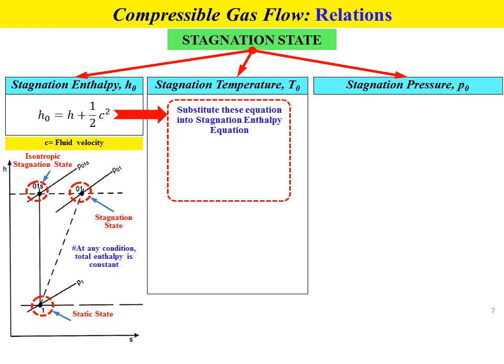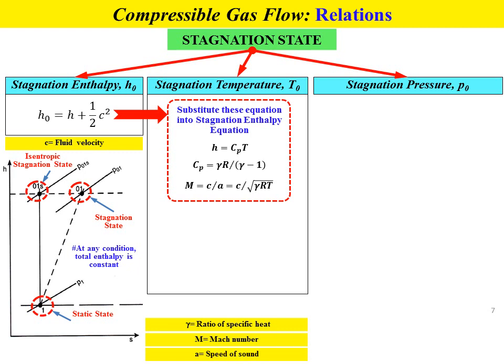The basic equation for stagnation temperature actually is the stagnation enthalpy equation, where we need to substitute these equations into it. The equations that you need to substitute are the enthalpy equation H equal to Cp T, the equation for specific heat at constant pressure Cp equal to gamma R divided by gamma minus 1, and also the equation for Mach number, which is equal to fluid velocity C divided by the velocity of sound, equal to C divided by square root of gamma RT.